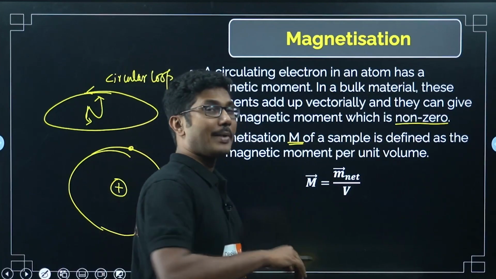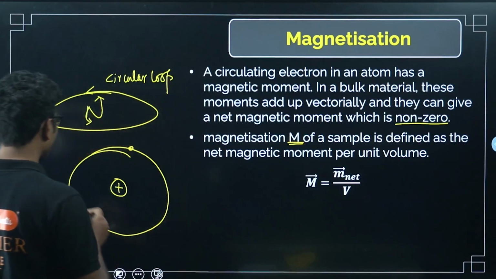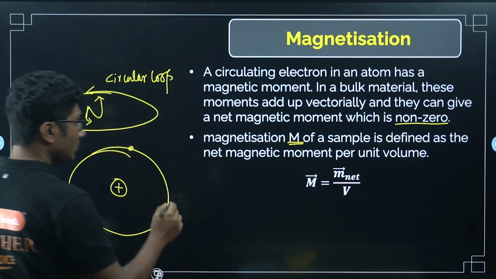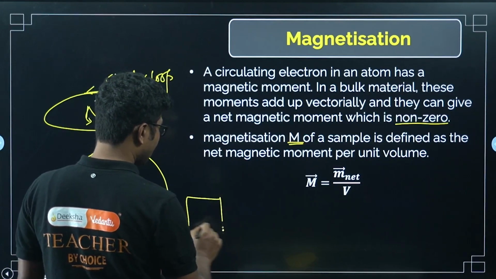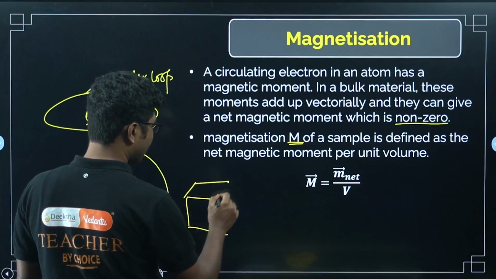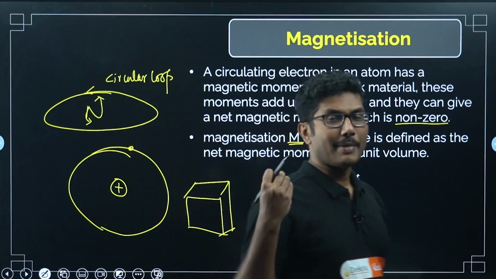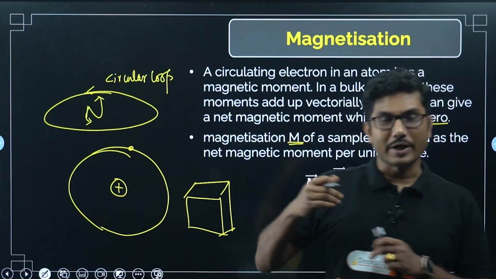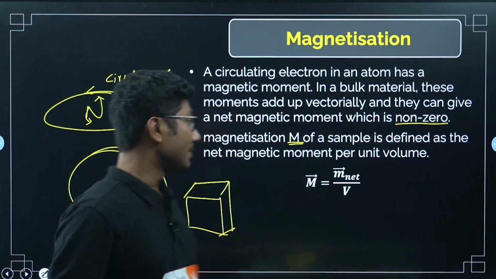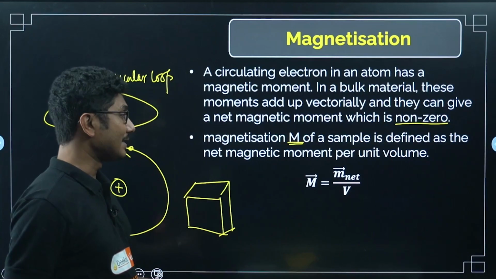Suppose in a unit volume, that is 1 meter cube, all the atoms located there give a net magnetic moment due to all those atoms, and that gives rise to magnetization.